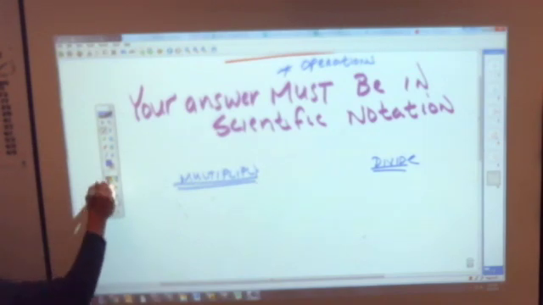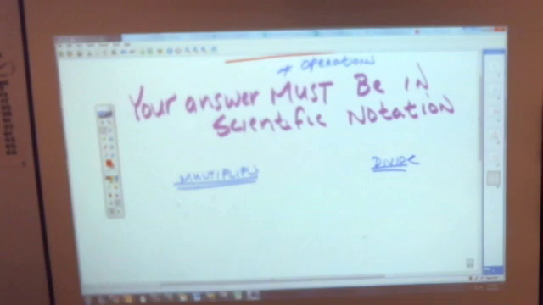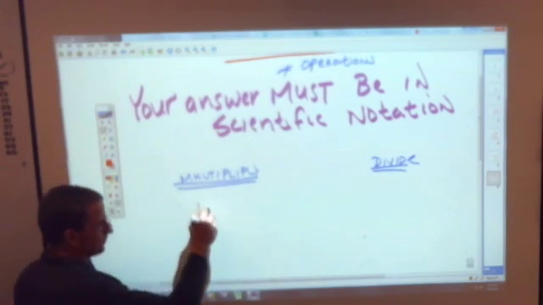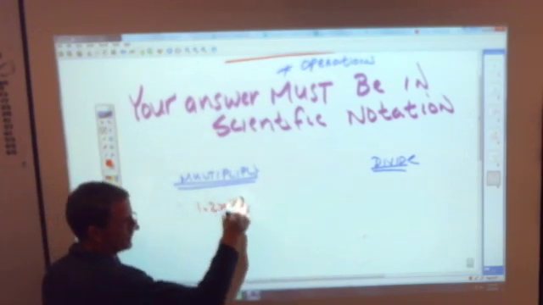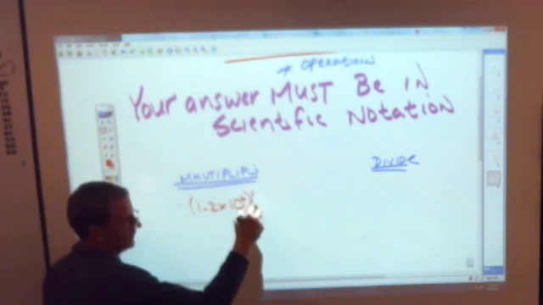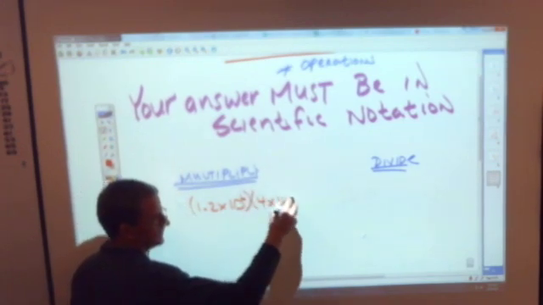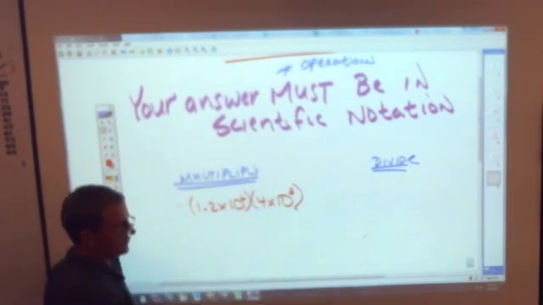This is an example of a multiplication problem. You may have 1.2 times 10 to the 6th, and then a parenthesis, and then 4 times 10 to the 3rd power.